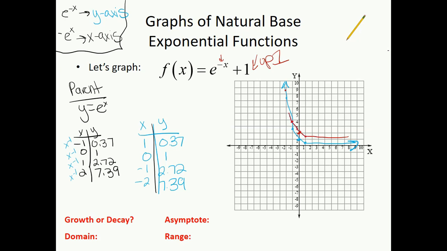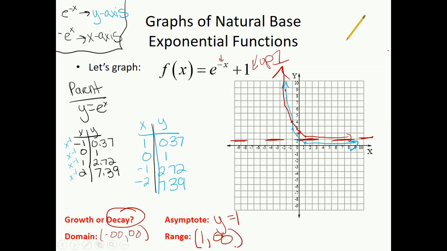And with that, moving up 1, whoop, missed the dot. My asymptote is also going to move up 1, so my horizontal asymptote will be at y equals 1. As I said, this is a decay graph because left to right, notice it looks like a slide. My domain, negative infinity to infinity, but my range, we're getting anything from 1 to infinity.